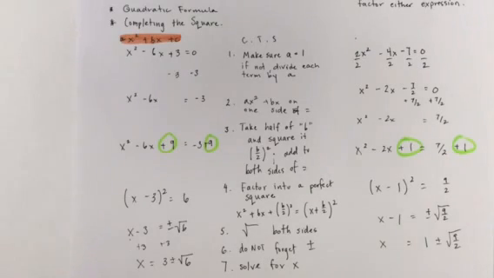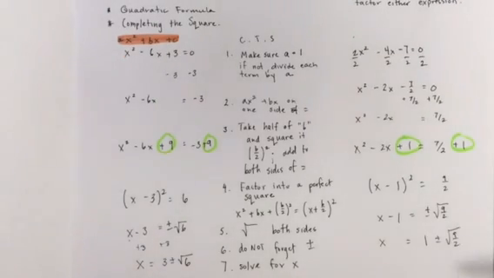Now our answer isn't complete because we've got an irrational number in the denominator, but we've completed at least the steps, and now we can make some good math choices and make sure that this is where it needs to be by rationalizing the denominator. So what I see here is x equals 1 plus or minus 3 square root of 2 all over 2.